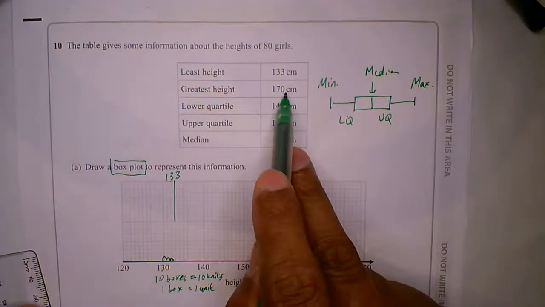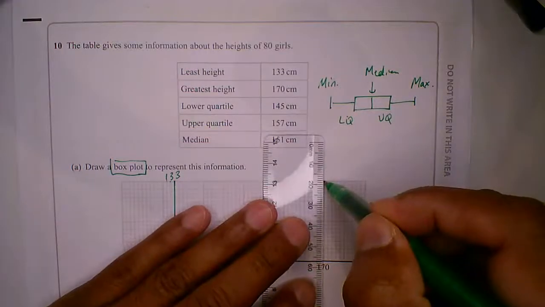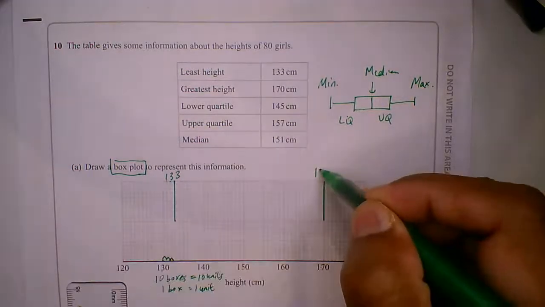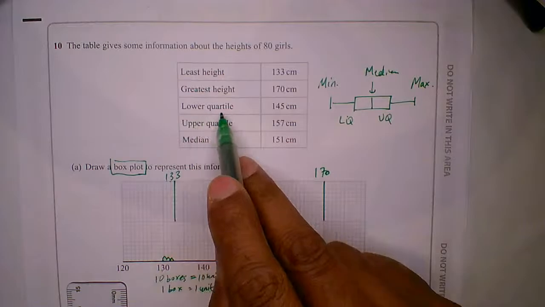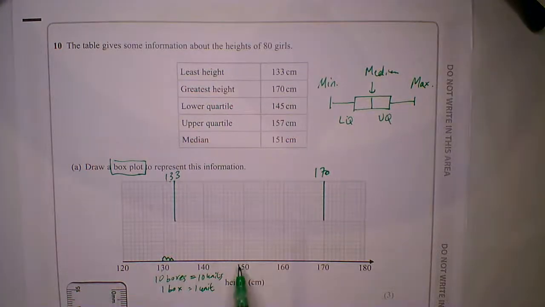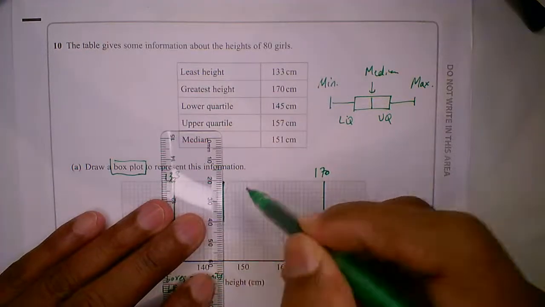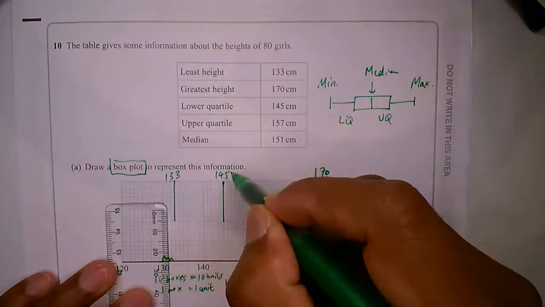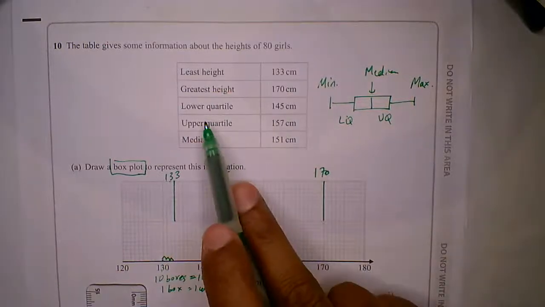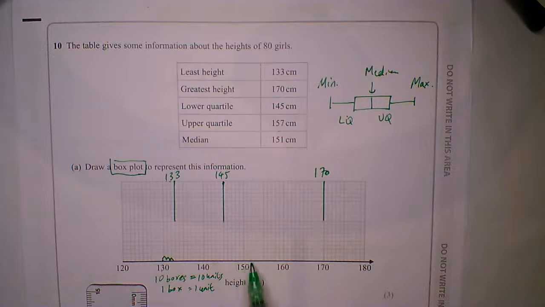My greatest value is 170, so that's nice and easy. My lower quartile is 145, in between 140 and 150. The next one is my upper quartile, 157. That's between 150 and 160, so it's 3 squares from 160.